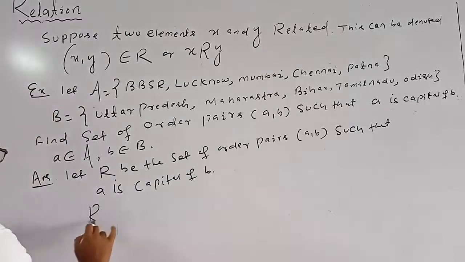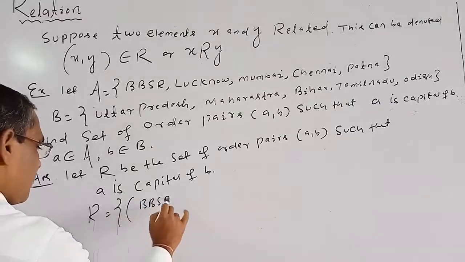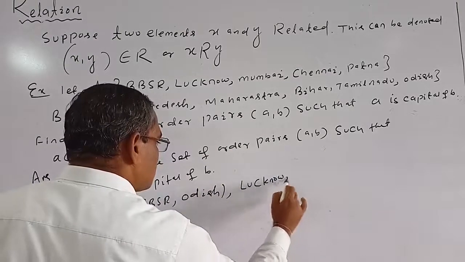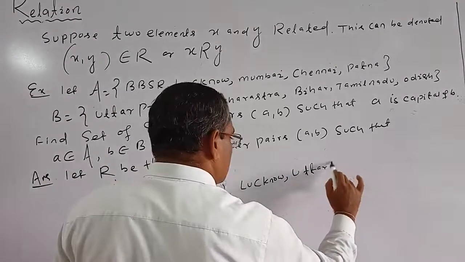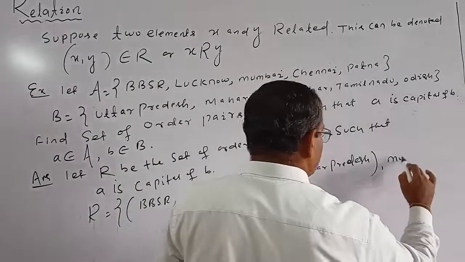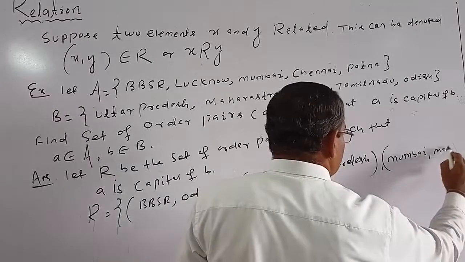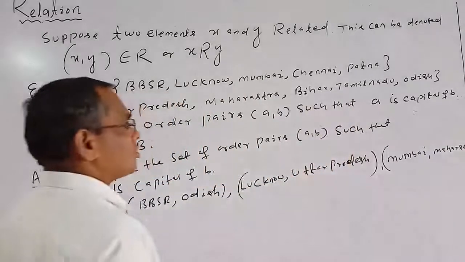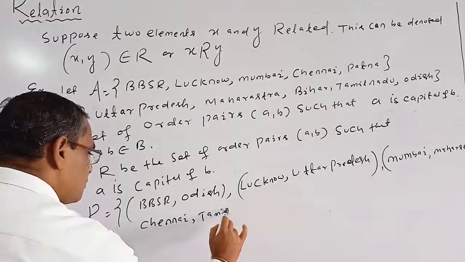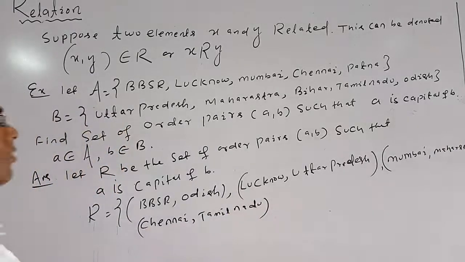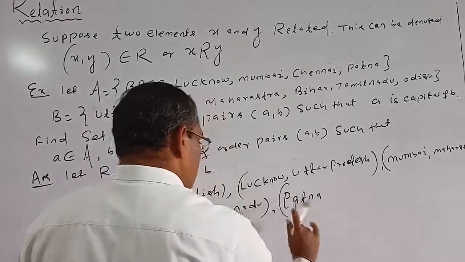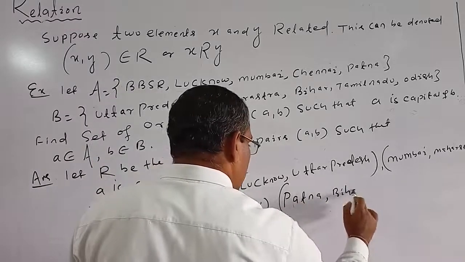Okay. So here R is equal to Bhubaneswar, Odisha, next Lucknow, Uttar Pradesh, Mumbai, Maharashtra, then Chennai, Tamil Nadu, Patna, Bihar.